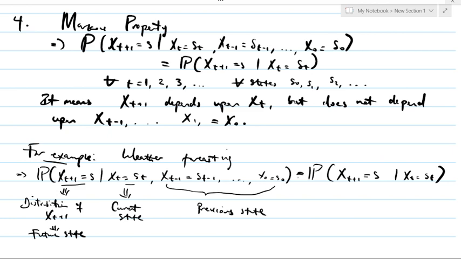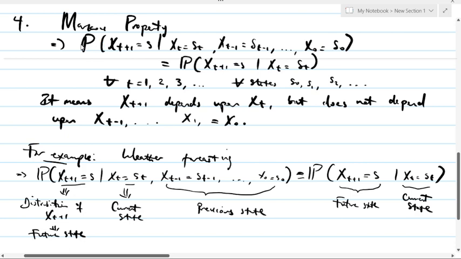So the Markov property says that actually the weather condition tomorrow, your future state, only depends on your current state. That's the Markov property. So let me change my pen for better understanding.